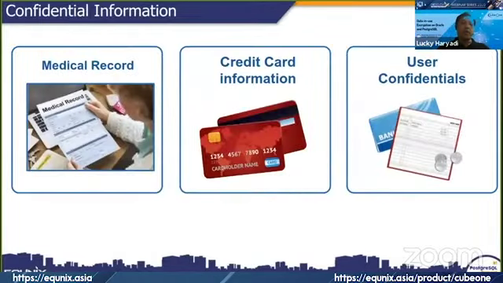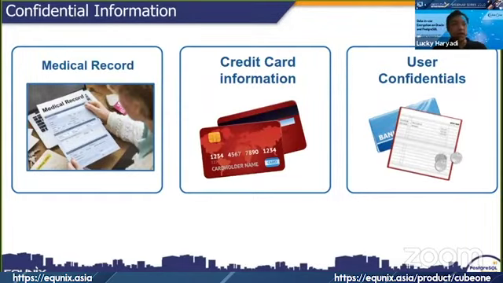So what are the confidential information that we should protect? The first thing is, for example, the medical record. Everybody has their own medical record, right? This medical record should be protected because the information is very sensitive. The same goes for credit card information.